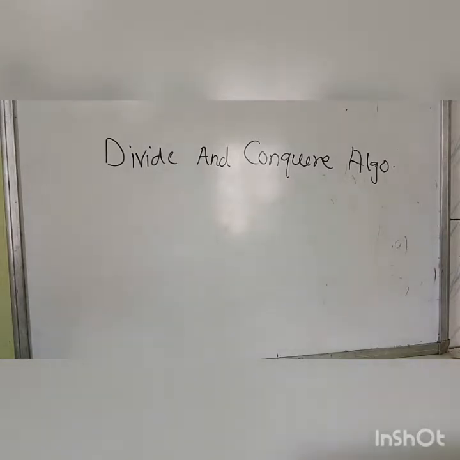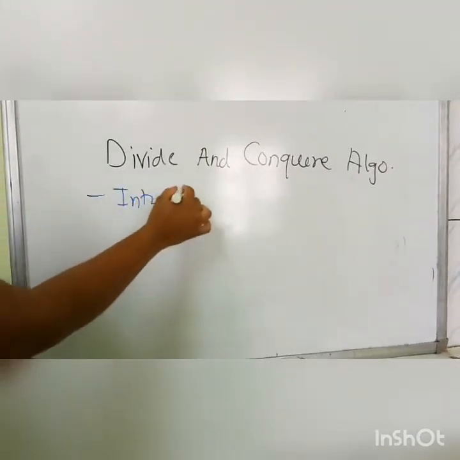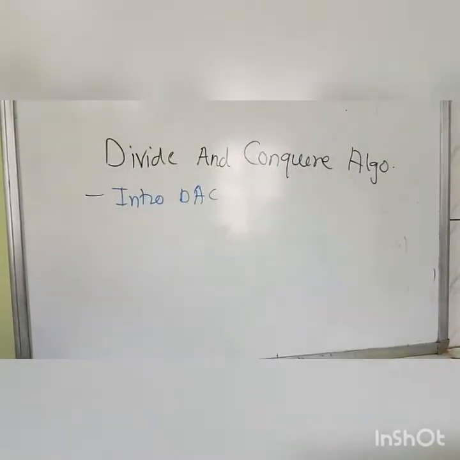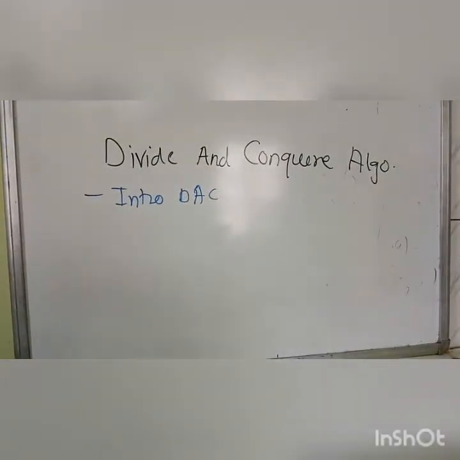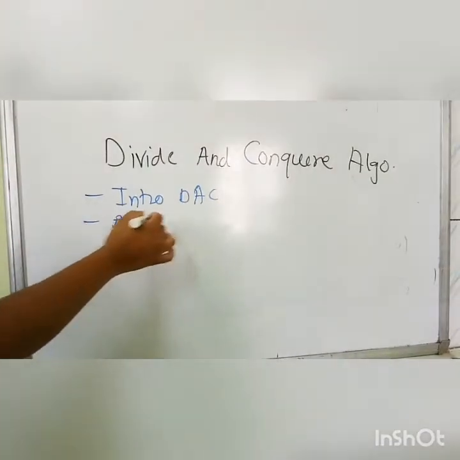In this divide and conquer technique, we will have to discuss points like the introduction to DAC, means divide and conquer algorithm, then the actual algorithm or the method of the DAC, means we have to see its algorithm.